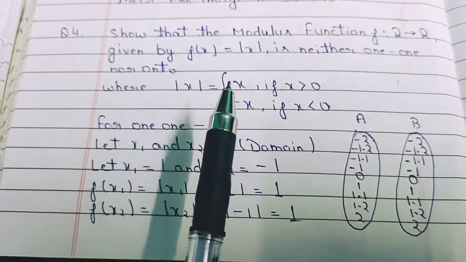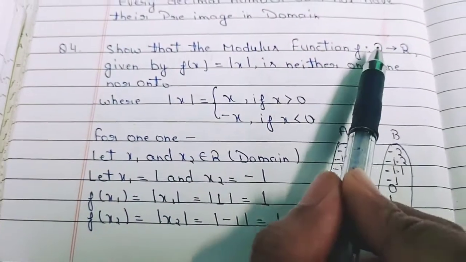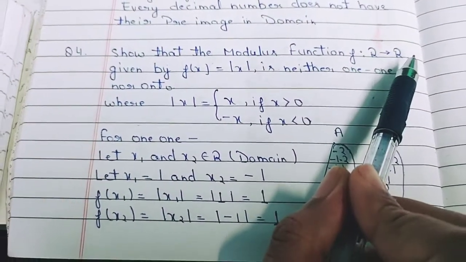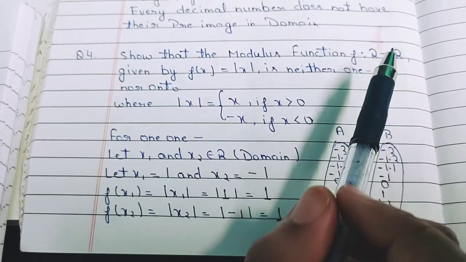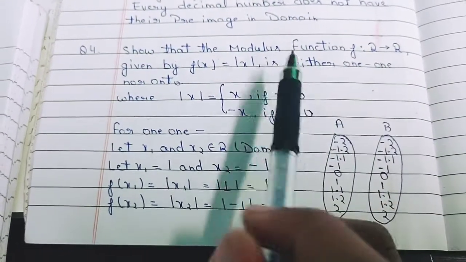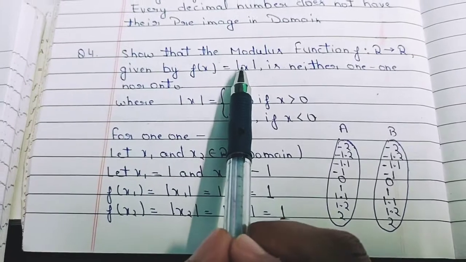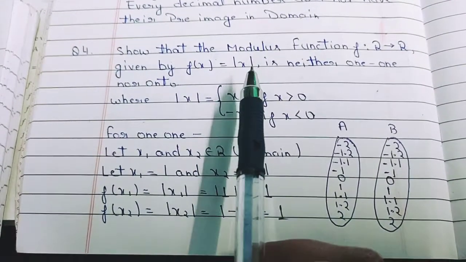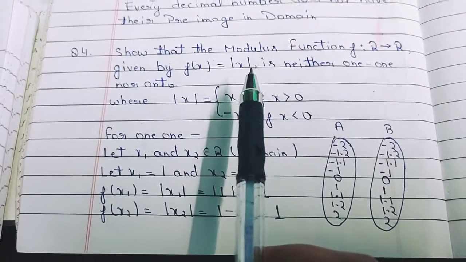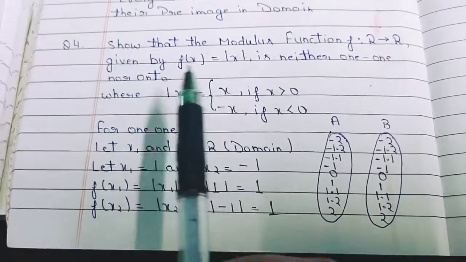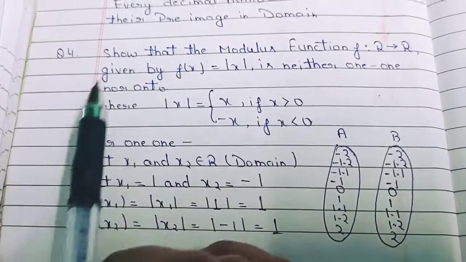In this case we have domain real numbers and codomain also real numbers. So what do we have to prove? We have a modulus function, and we also know the modulus function always gives a positive value. So let's start with the solution.